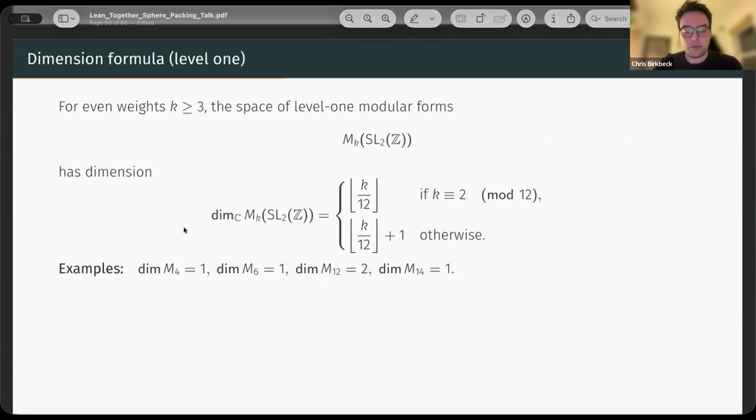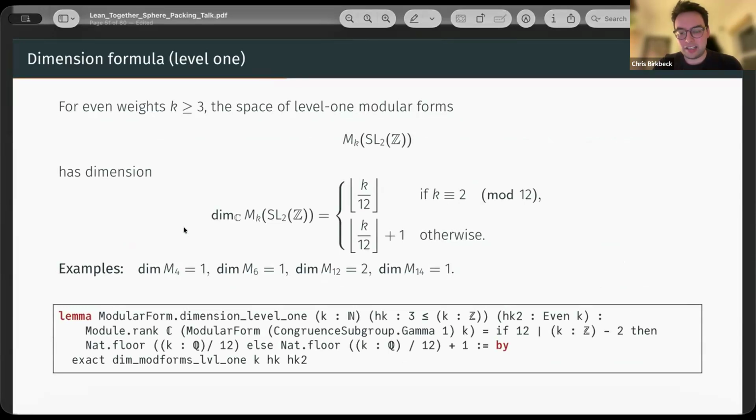The theorem you want to prove is that the dimension of the space of modular forms, which is defined on a parameter called the weight, which is this k, is either the floor of k over 12 or that plus 1, for example. And this is the result that we've proven, and it's sorry free in our repository. So this is done, although it's not been PR'd to MathLib yet, and it's ongoing. But that's a not very cleaned up version of what that theorem says.